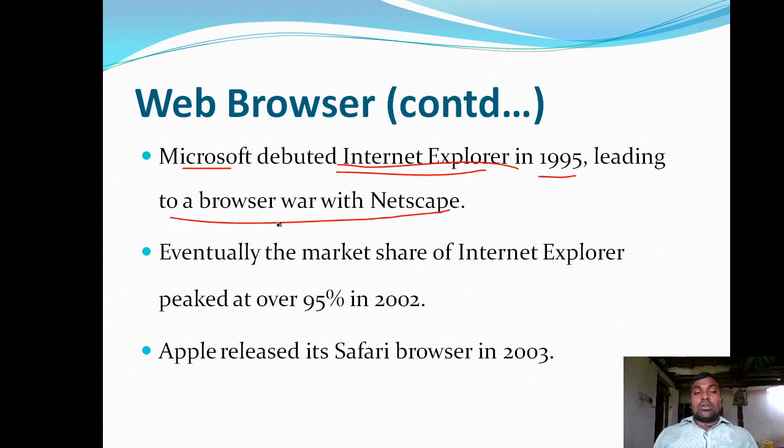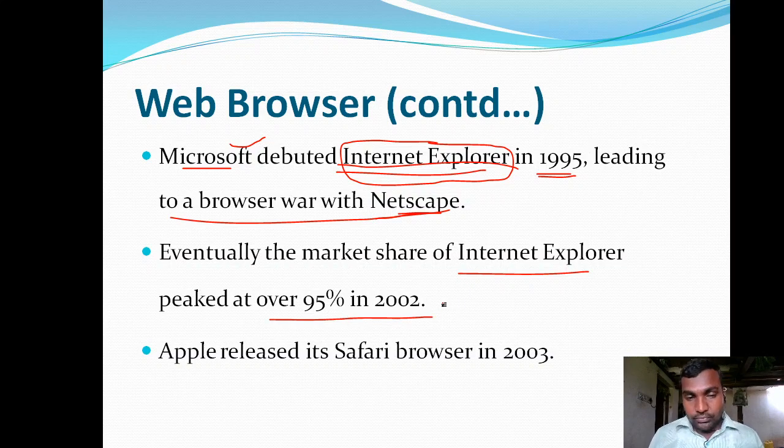The competitor was Netscape. Up till then Netscape Navigator had become more popular, but in 1995 Microsoft released a web browser with the name Internet Explorer. Eventually the market share of Internet Explorer peaked at over 95% around the world in 2002.